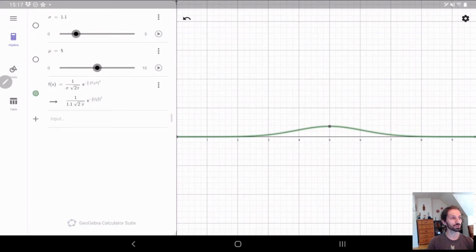Let's see what happens when I alter mu. If I change mu, mu is the expected value, and you can see that all it does is move where the height is. So it's just changing where it is, letting me move left and right.